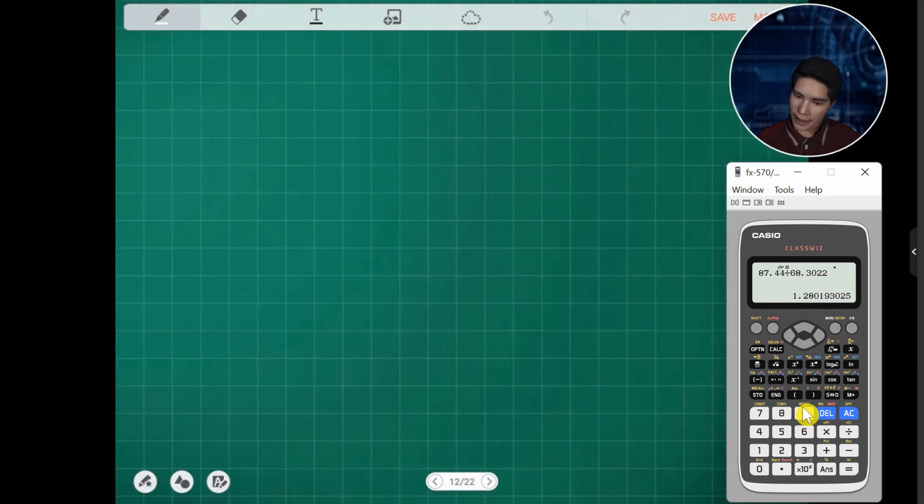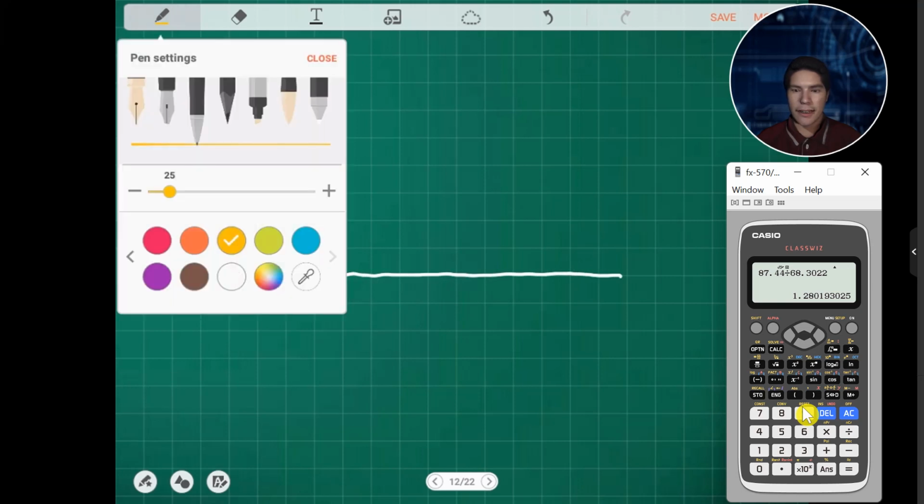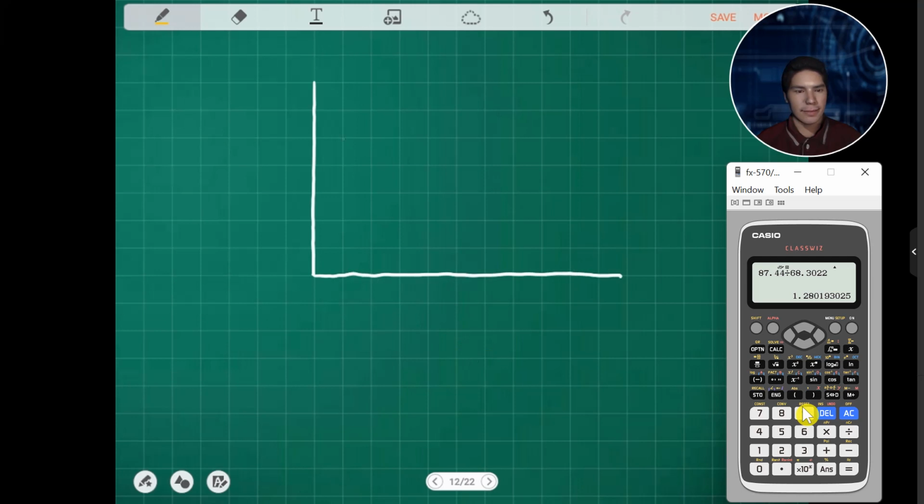So ibig sabihin, so ito yung resultant natin. Point O, ito yung CR. So kung titignan mo, ma-plot mo yung kung saan talaga nakalocate yung resultant, no?